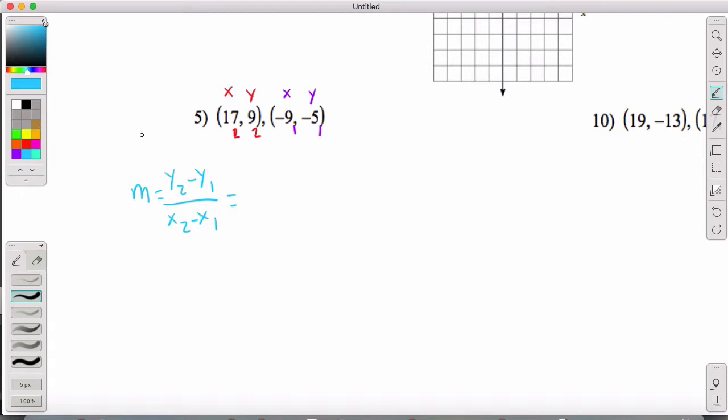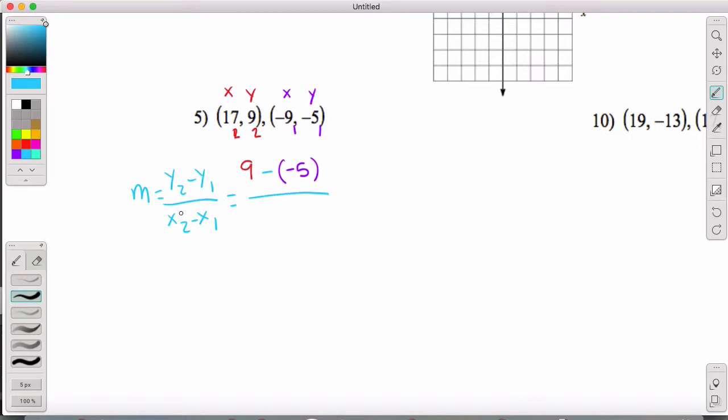So we know we're going to deal with our y2 and our y1 first. Based on what I did over here, we can see that my y2 is 9. Then I'm going to subtract that from my y1, which is -5. Then we go with our x's.